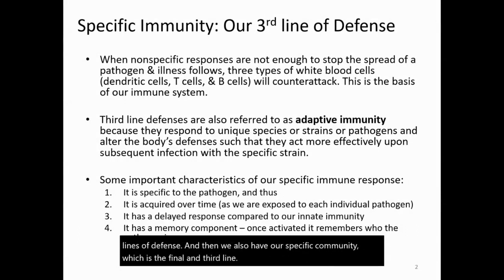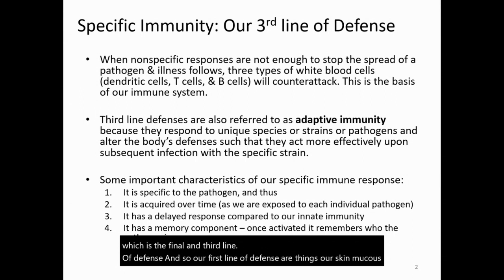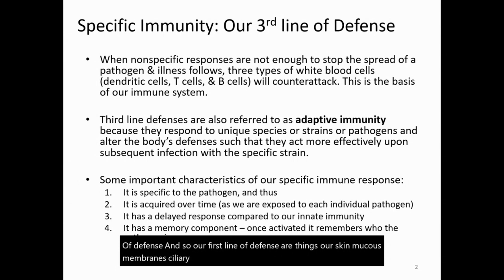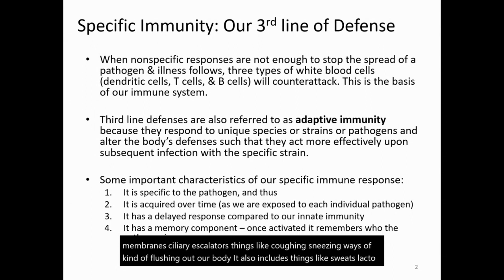Our first line of defense includes things like our skin, mucous membranes, ciliary escalators, things like coughing and sneezing, ways of flushing out our body. It also includes things like sweat and lactotransferrins, which bind iron.